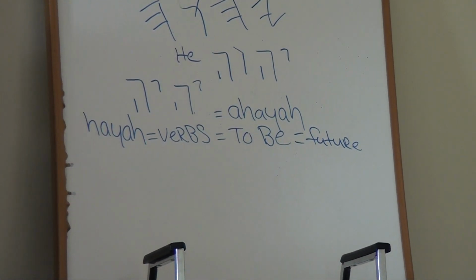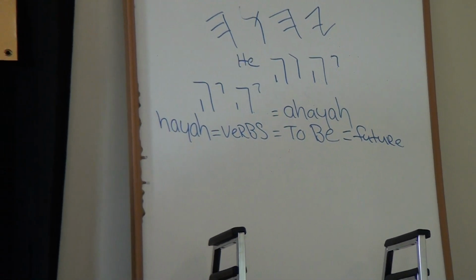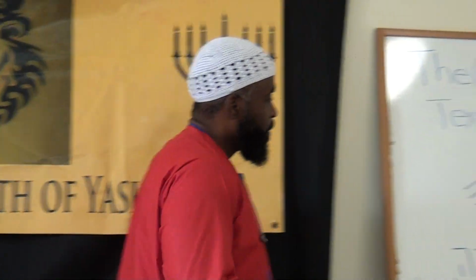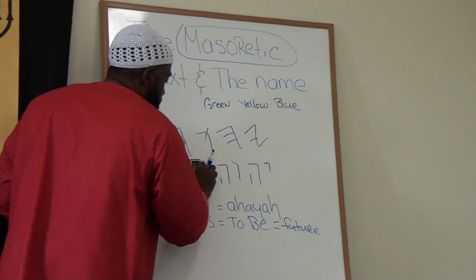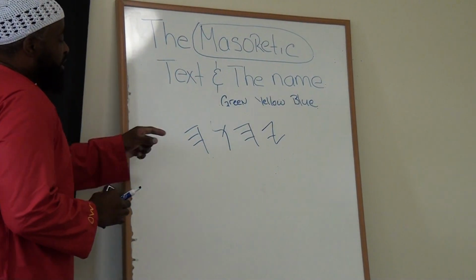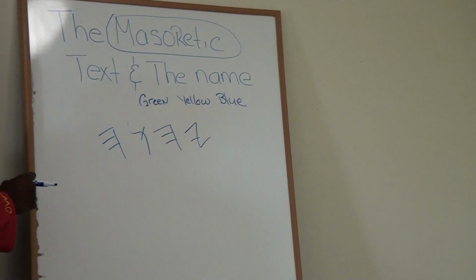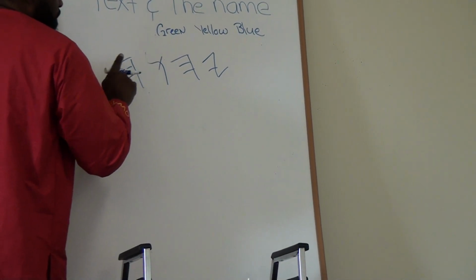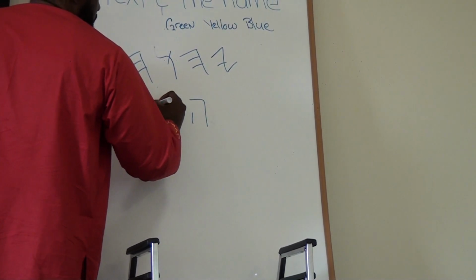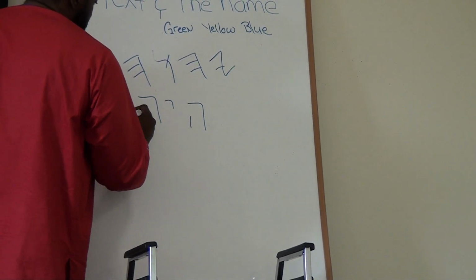So what happens now is that the Strong's Concordance number that they're giving is 1961. Watch this. I don't want Shabbat to say anything. They say that, because we have three-letter roots and two-letter roots, the three-letter root of this word is Hayah, which means to be.